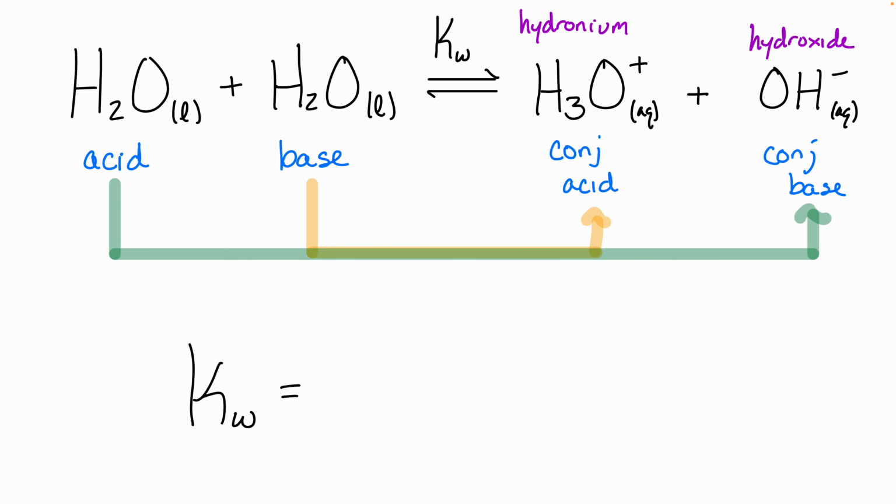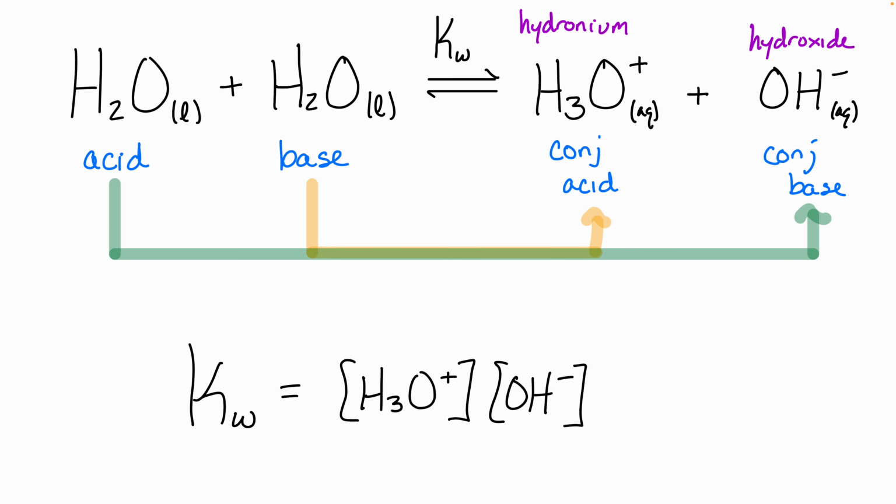So I'm going to look at this balanced chemical equation. Products over reactants here, except what up there is not going to appear in my equilibrium expression? My liquids, right? So my equilibrium expression will just be the concentration of hydronium times the concentration of hydroxide. Products over reactants, but the reactants aren't there at all, because they're both liquids.